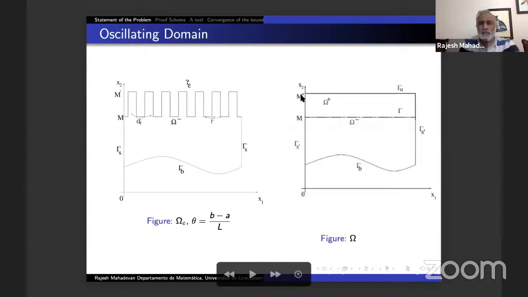So when you have more and more teeth, in the limit you expect this domain here, whose lateral boundaries are slightly different from the lateral boundaries of this structure, because here it follows this contour, but here it's straight up in the limit.